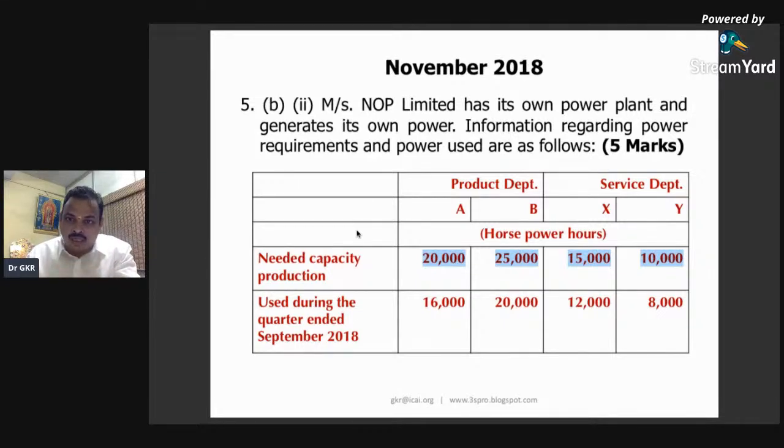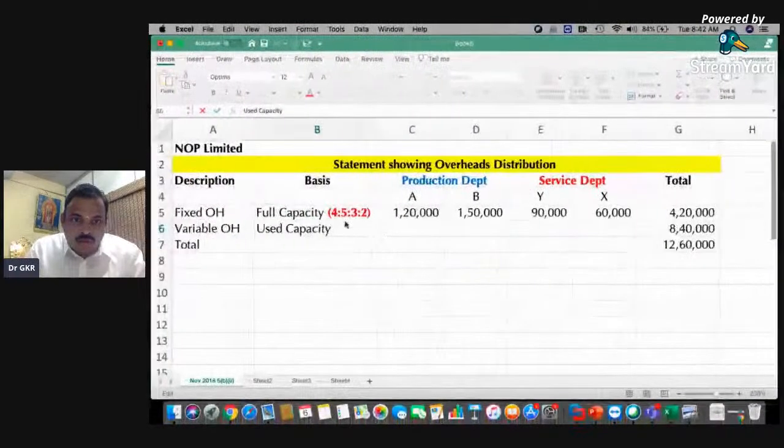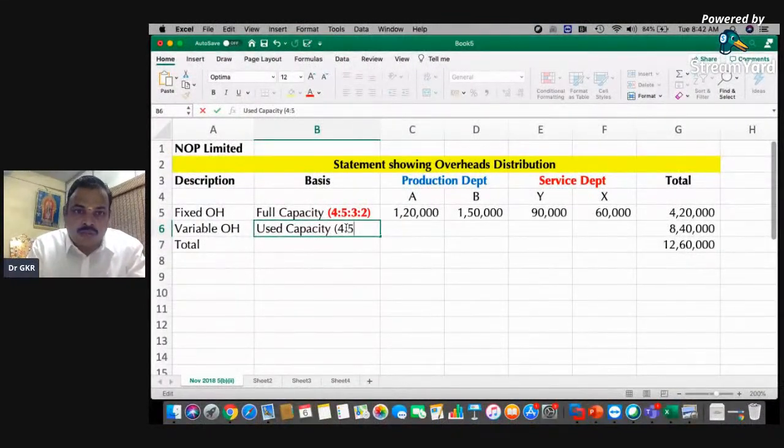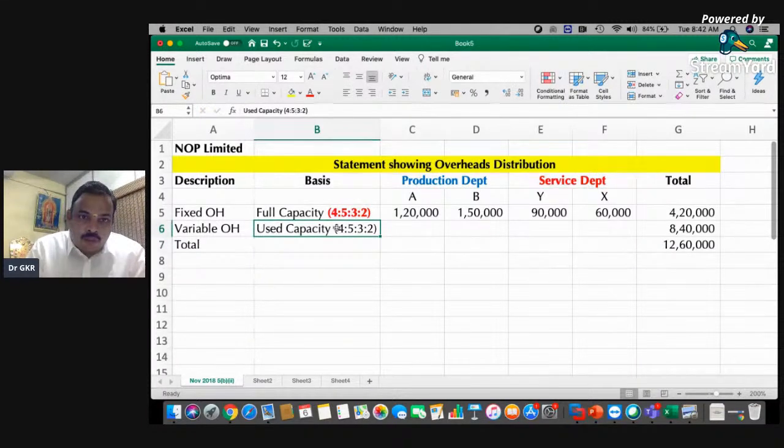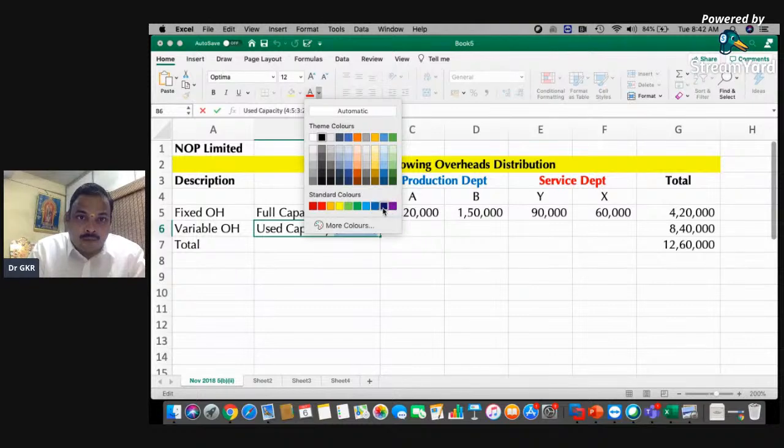The used capacity is 16:20:12:8, which is divisible by 4, so it is again in the same ratio, 4:5:3:2. But this 4:5:3:2 is based on used capacity.